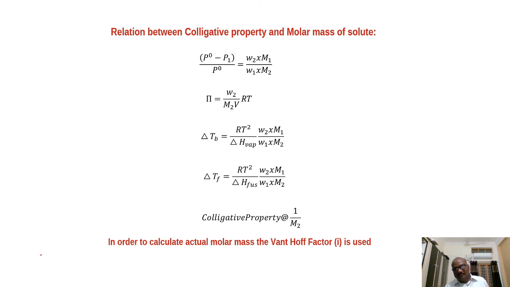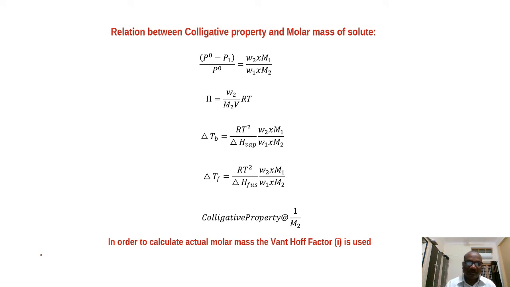Now, how do these abnormal molar masses get normalized? In order to normalize the abnormal molar masses into normal, actual molar masses, Van 't Hoff introduced a factor which is called the Van 't Hoff factor i. Let us see the meaning of the Van 't Hoff factor.